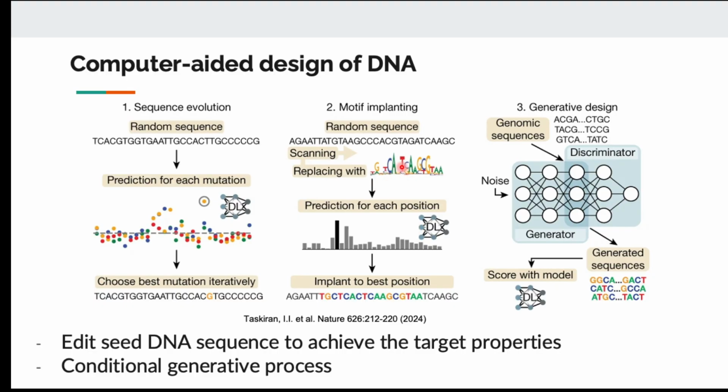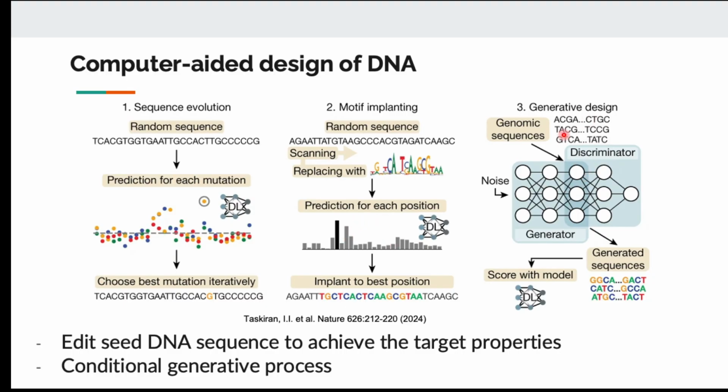You can add this transcription factor binding motif, and you can predict whether this can be bound effectively by the protein, and what will be the expected expression level from this transcription factor binding site. These are things that we can try to predict. So you can pick the best transcription factor binding motif and put it in the best location on your gene to achieve the regulation effect.